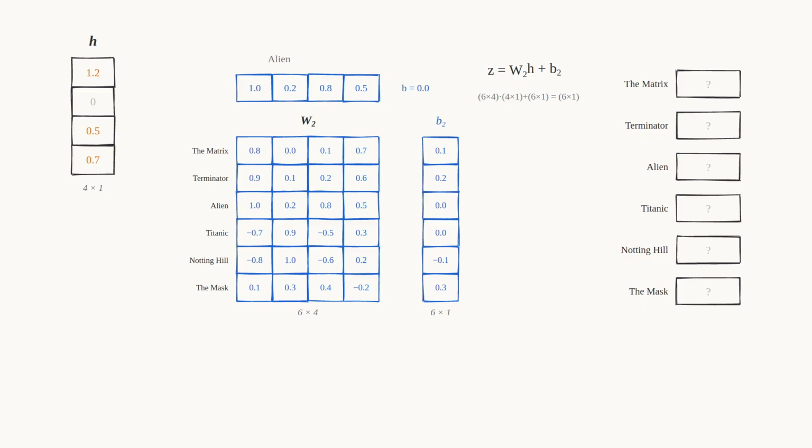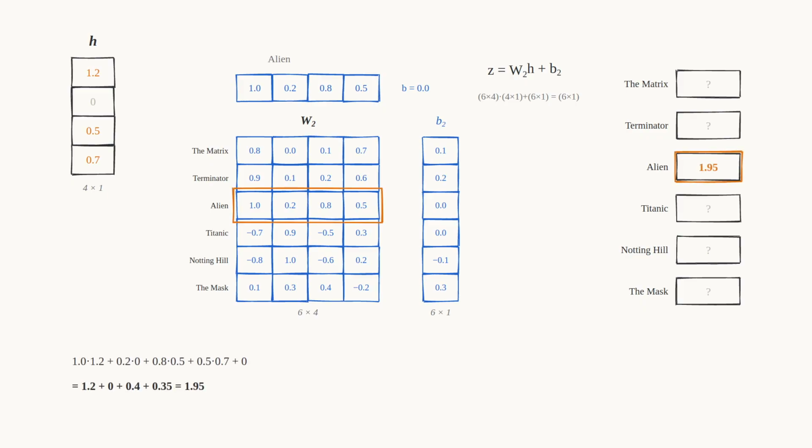The 6 rows stack into a matrix W2 of size 6 by 4, the 6 biases into a vector B2. All 30 numbers are parameters. And one multiplication, W2 times H plus B2, produces all 6 scores at once. That's the quiet power of matrix notation. Comparison with the whole catalog is a single operation.